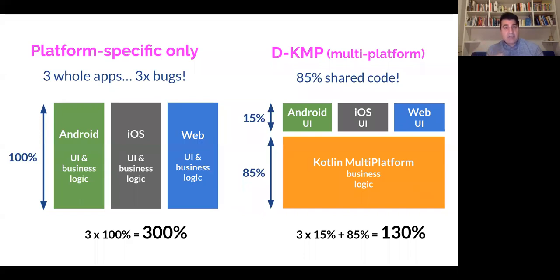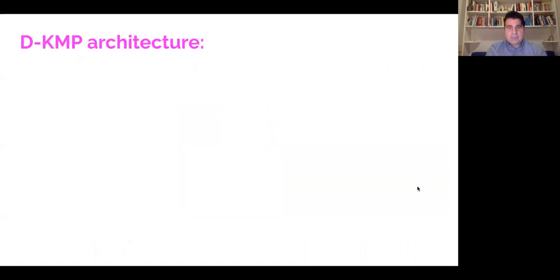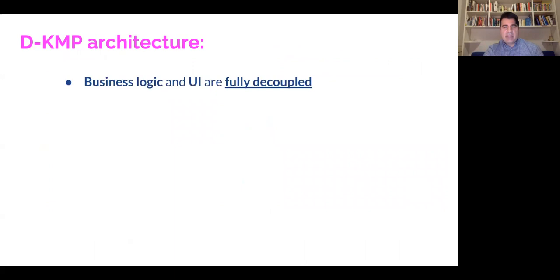So anything which is not UI is possible to share through Kotlin MultiPlatform. And in terms of code effort, there's a lot of difference. It's less than half. So let's explain the main elements of D-KMP architecture.